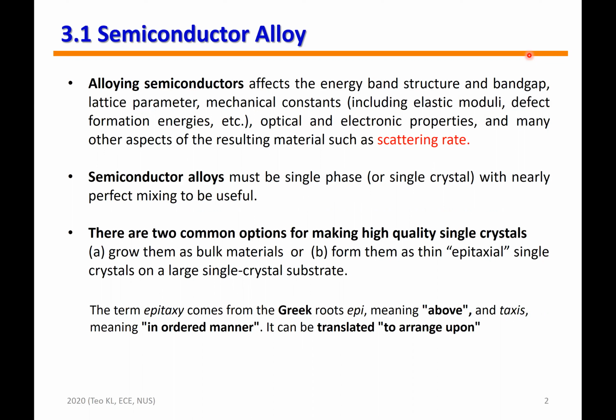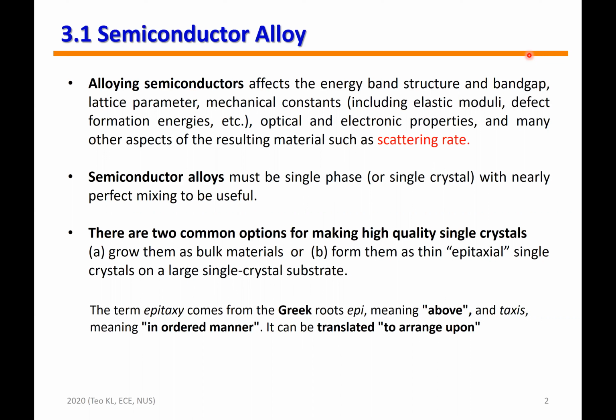There are two common options for making high quality single crystals or single phase. Either you grow them as bulk materials or you form them as thin epitaxial single crystals on a large single crystal substrate.